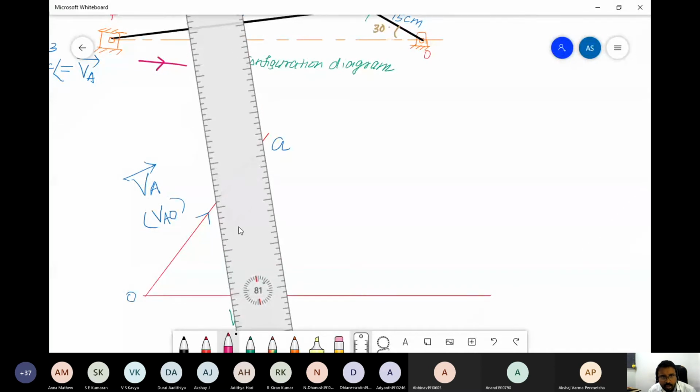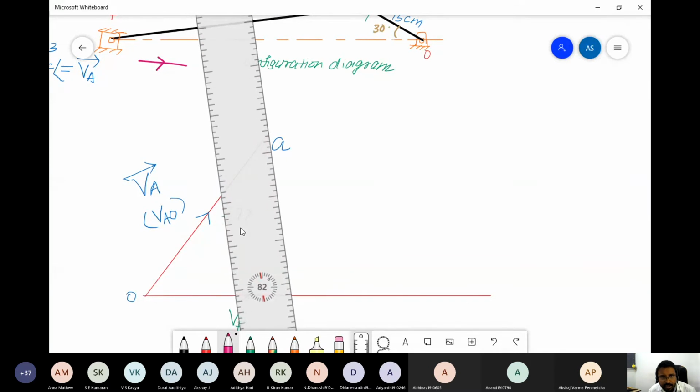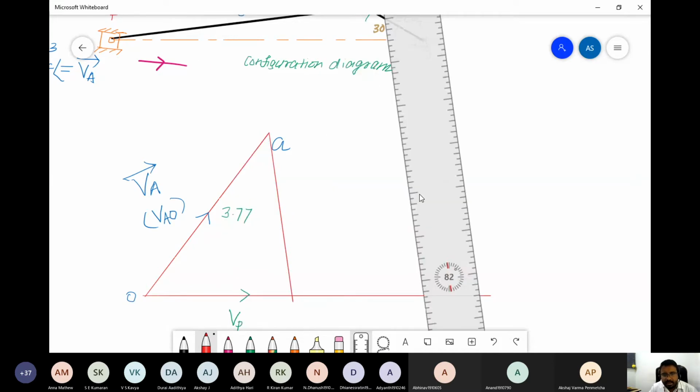No. Now I think it's perpendicular. Yeah, it's perpendicular now. Once it has become perpendicular, I keep the drafter at the point E, and I know the vector is going to go down. So I am taking the pencil and cutting the vector. The point at which it is cutting here will be the point P.